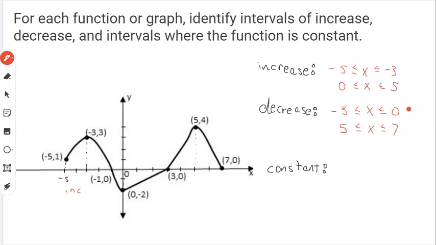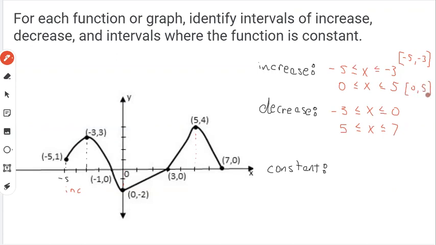All right, and I'll leave that up there for a little while. Now, another way we can write these intervals is using set notation, right? We could say as between -5 and -3. And we can say from 0 to 5.